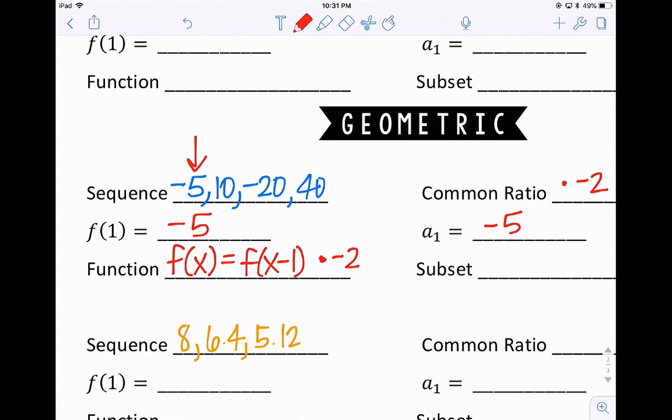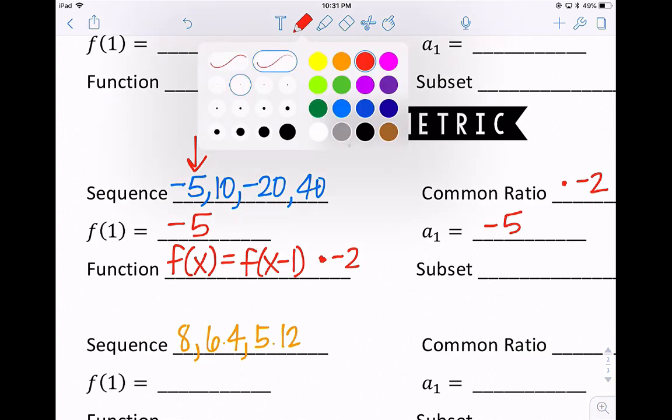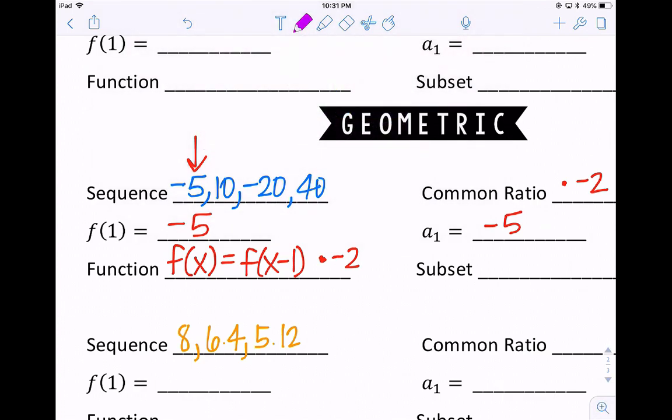So a more common way to see this would be like this. It would say f of x, same thing, equals, because we're going to multiply this -2 times that, we would generally put it in the front. So we're going to put -2 and then just f of x minus 1, because when we just attach them right there, that means to multiply.